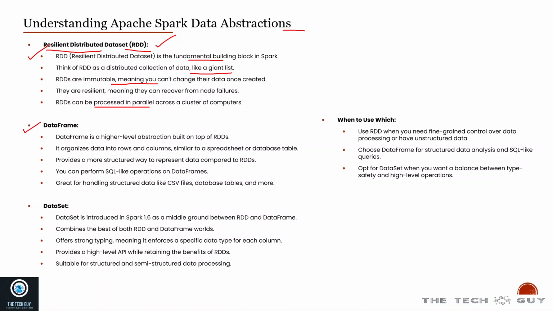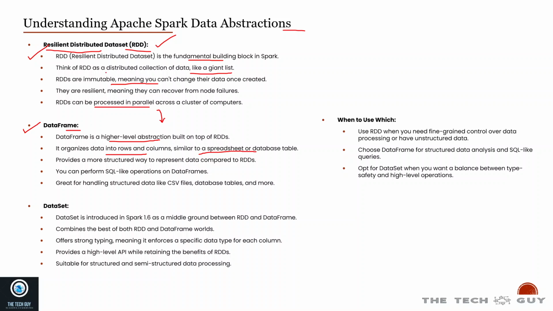Then eventually DataFrame was introduced. In this lab, we'll be dealing with data frames. A data frame is one step on top of RDD. It gives you a high level of abstraction. It organizes data in rows and columns, similar to the structured data that we have in a database.